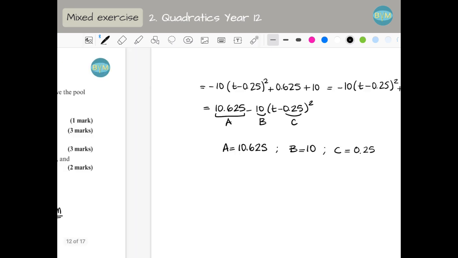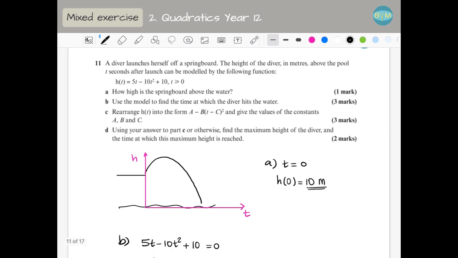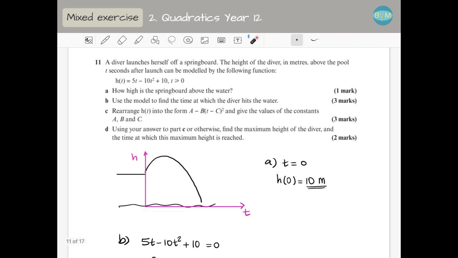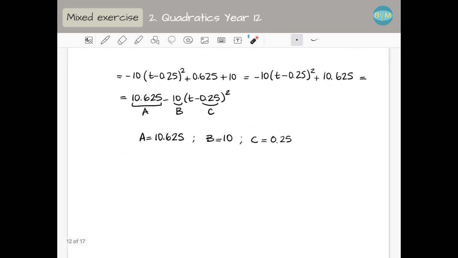And then the last bit says, using your answer to part C or otherwise, find the maximum height of the diver and the time at which this maximum height is reached. So once we have the completed square form, the best way of finding the maximum or minimum, remember, is when this bracket is 0, because this bracket is always going to be positive or 0.